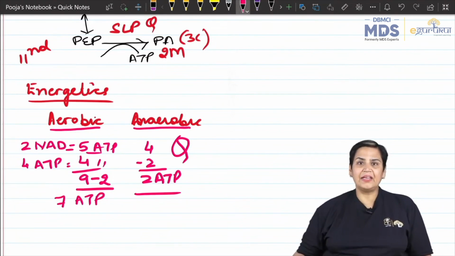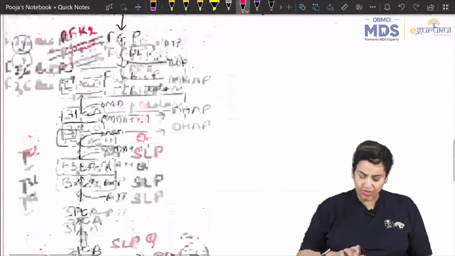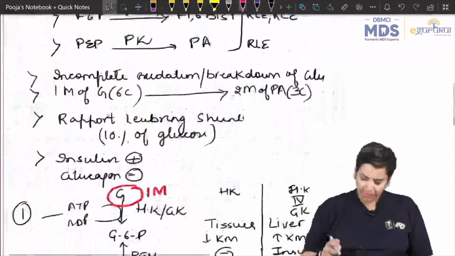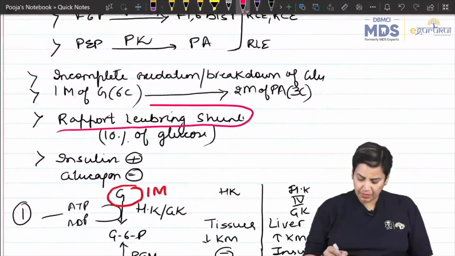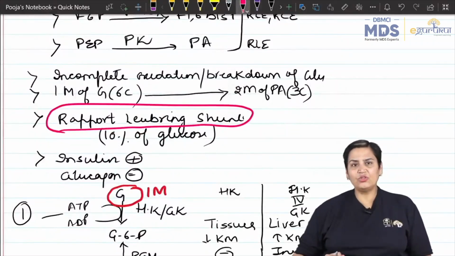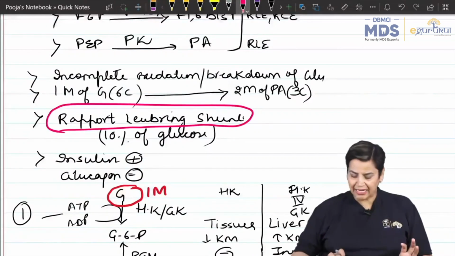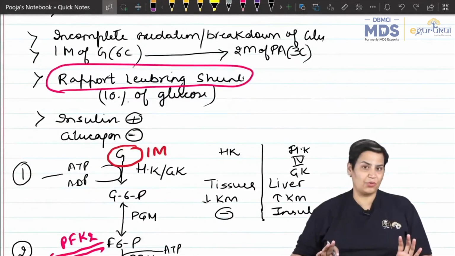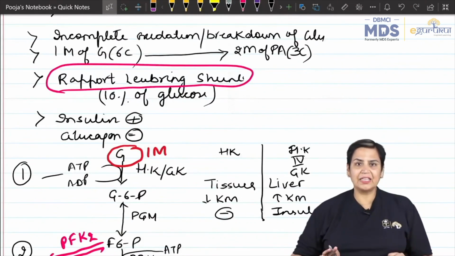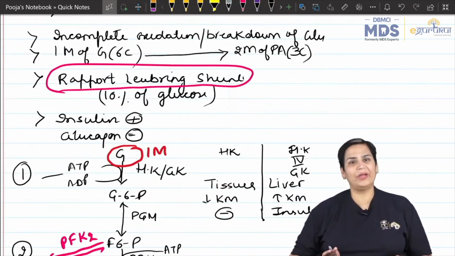Okay. Then I discussed a very important topic in this, the Rapoport-Luebering shunt. First of all, you should know how we define a shunt. A shunt is that which does not have an end product. Pathways always have an end product, but in a shunt there is no end product.